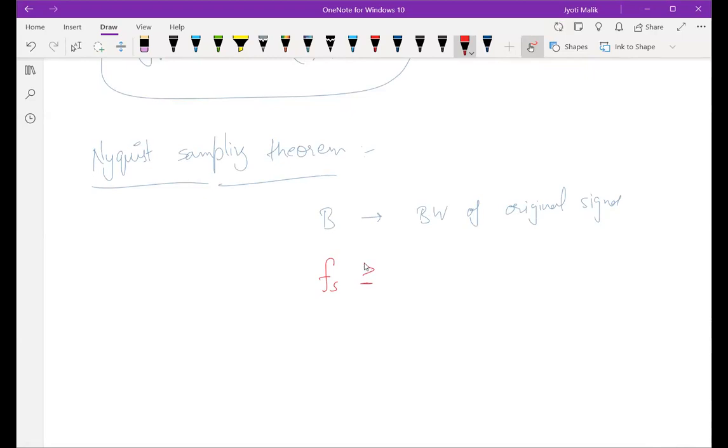Meaning Fs should be greater than or equal to 2 times B. The Nyquist theorem is nothing but this only. So these were all the things which were discussed in the last class.